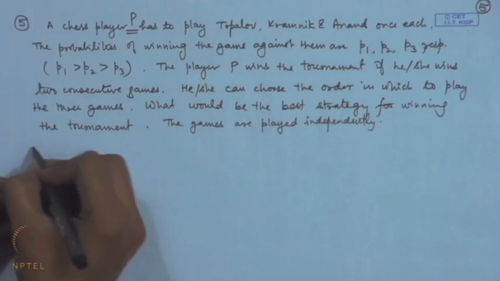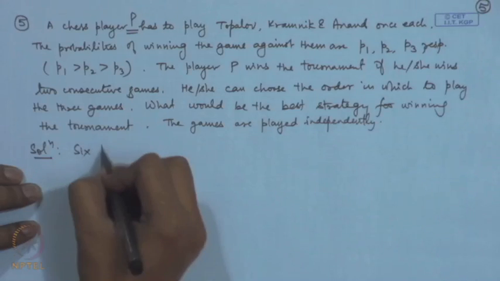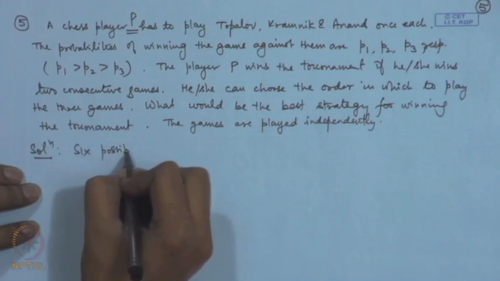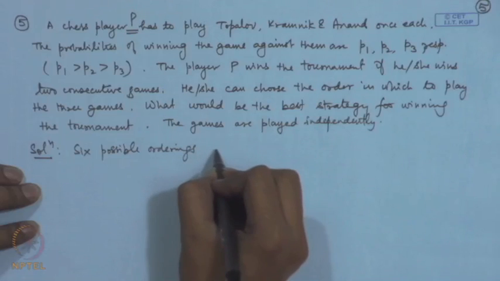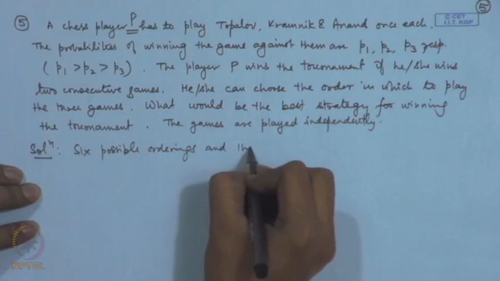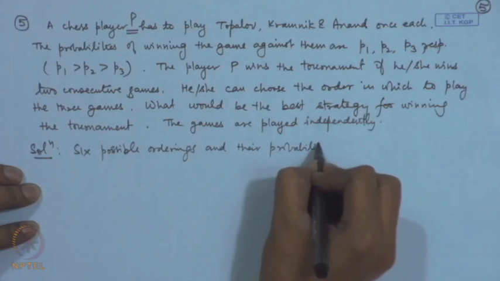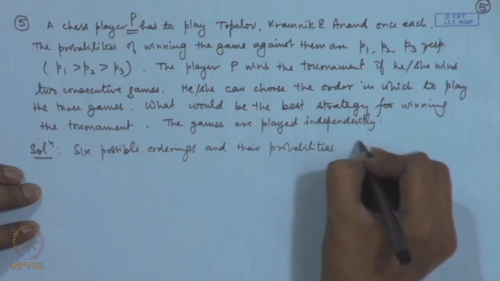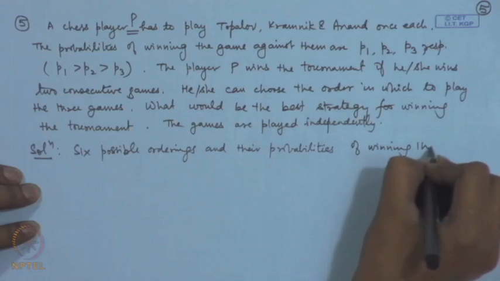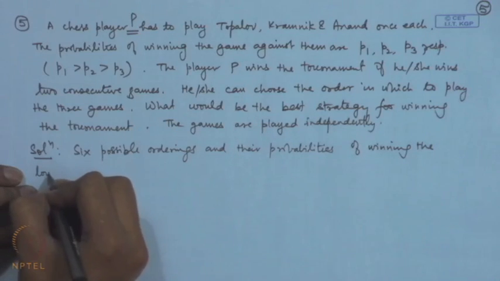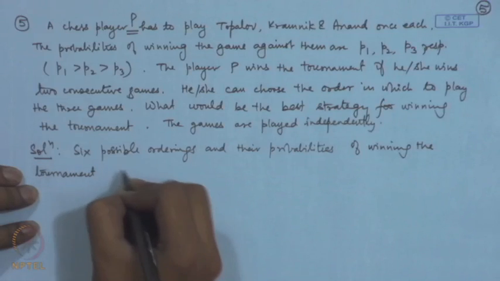So, let us look at these 6 possible orderings and their probabilities of winning the tournament.